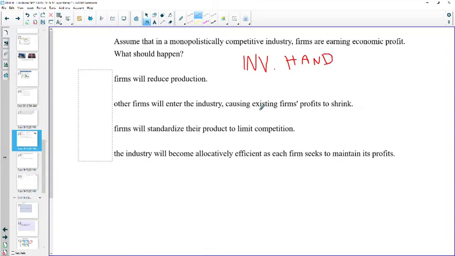There's a ton of cars in the parking lot. If you're a regional manager for a restaurant chain and you see a busy Chili's and a busy Fridays, you're going to think there's a good place to put in a restaurant. So the word gets out there's an economic profit. What's going to happen? Other firms will enter the industry, and existing firms will see their profits shrink as their demand curve drops.